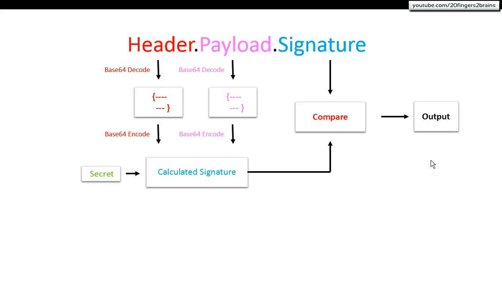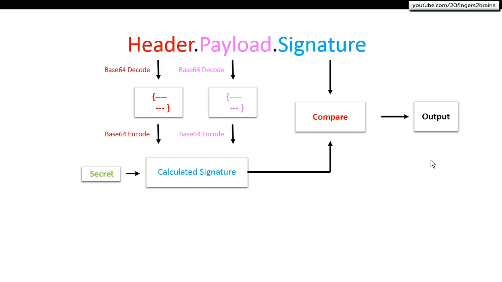Now let's assume header.payload.signature is our encoded token. What the server will do is first decode the header and get its JSON format. From the JSON format, it will get the algorithm detail. From the algorithm detail, it will get to know which algorithm was used to create the signature or sign the token.